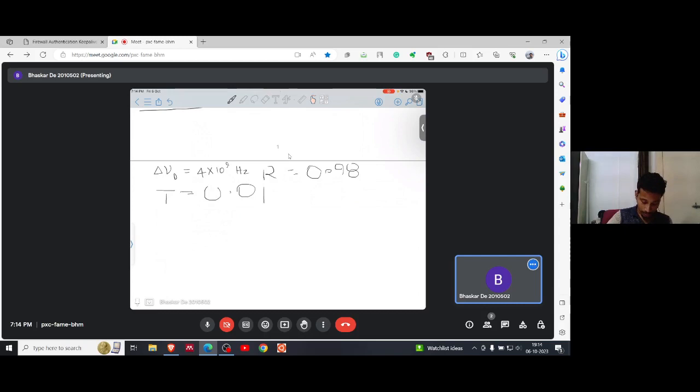So now we will have A equal to 0.01 plus 2 into 0.005, which will be equal to 0.02. So the total cavity loss is 3%.